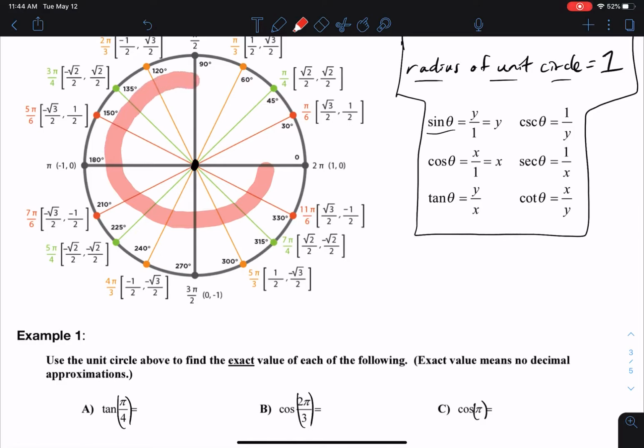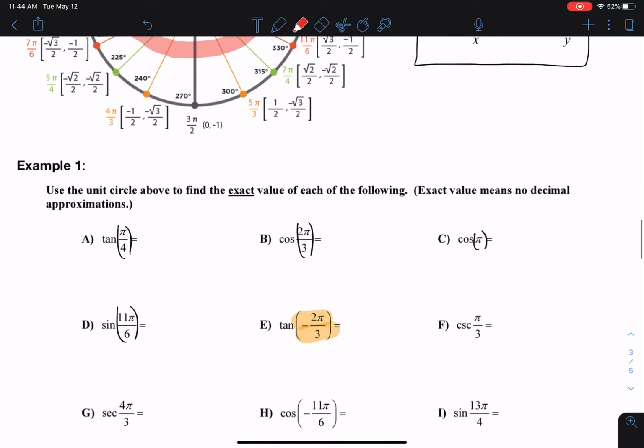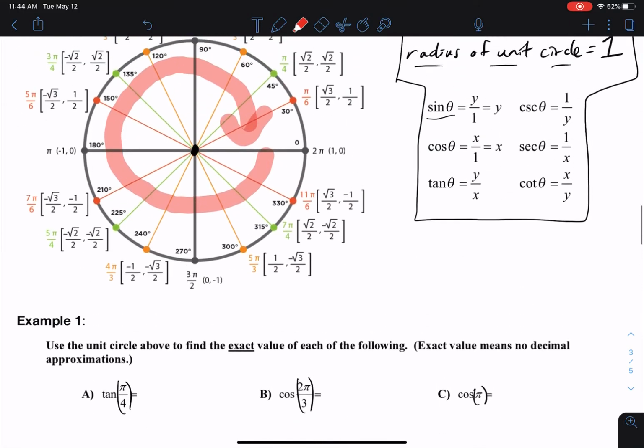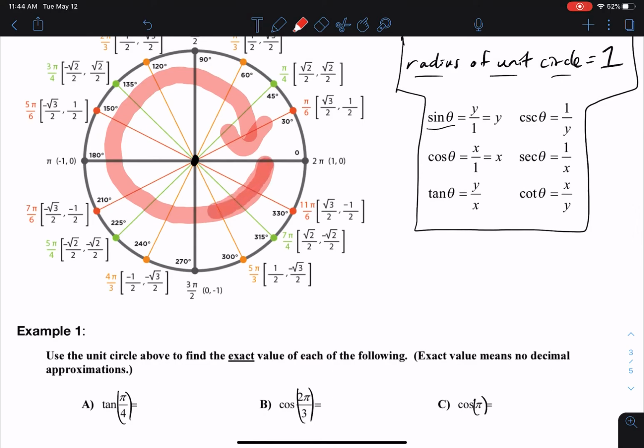The angles get smaller because it's negative. So what we're going to do is go negative 2 pi over 3. We're going to go this direction, negative 2 pi over 3, and see where we stop, and see what the corresponding positive angle is going to be.